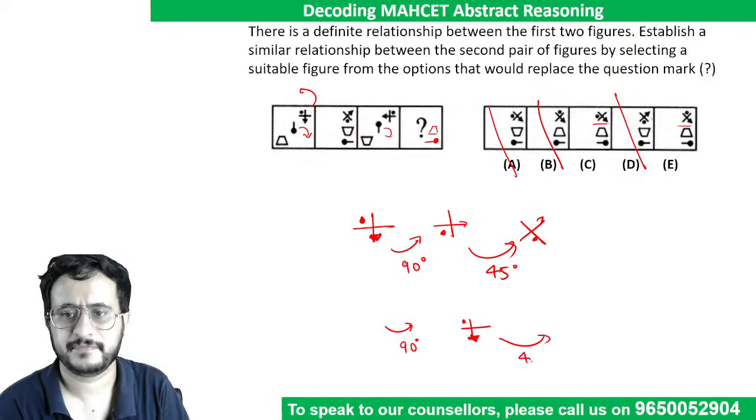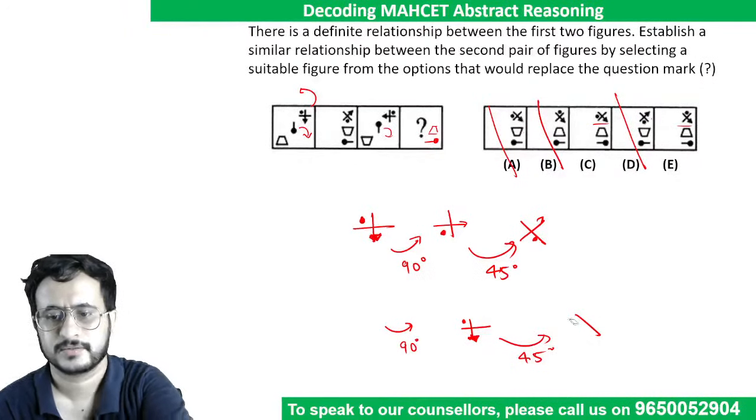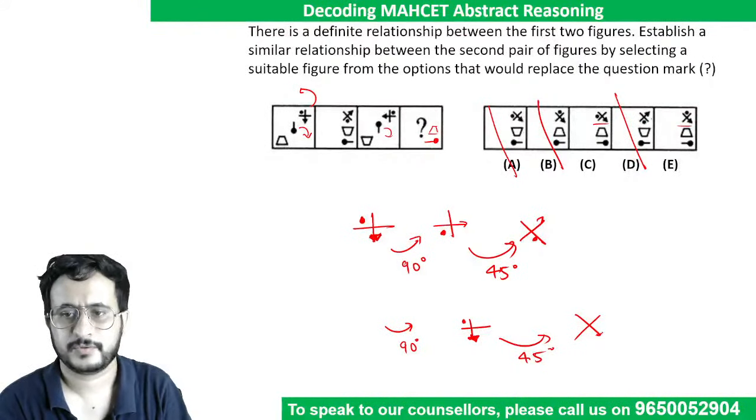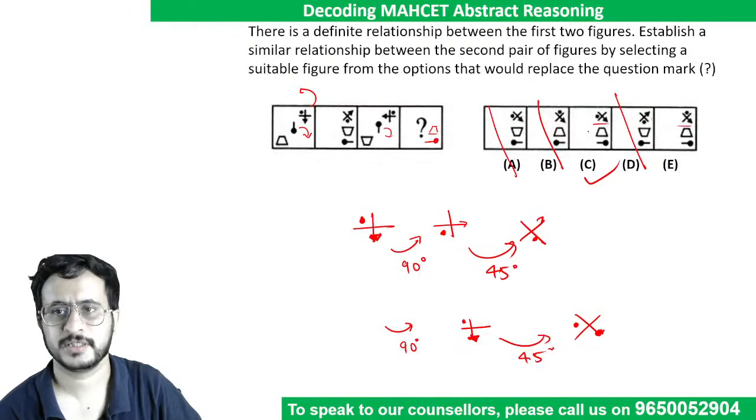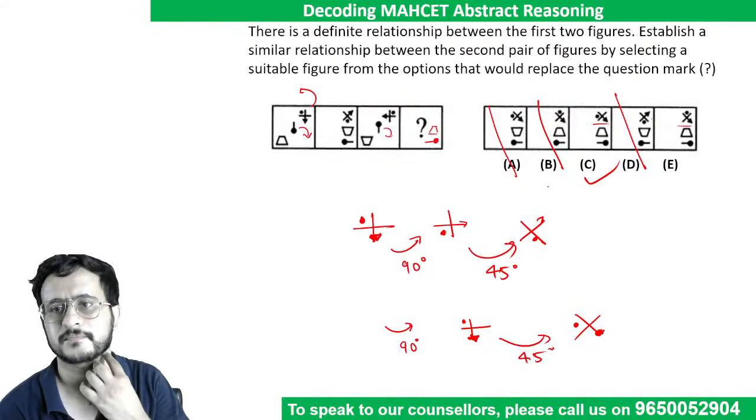And another 45 degree rotation would mean that this is like this, not like this, this side. It will be like this with this on this side. So this is option C. See the rotation, and this will be option C.